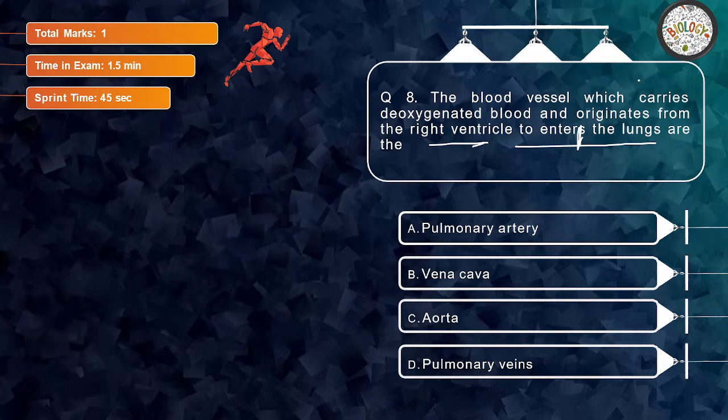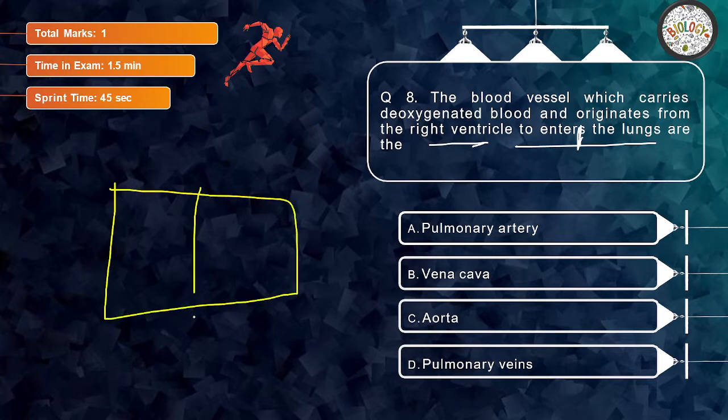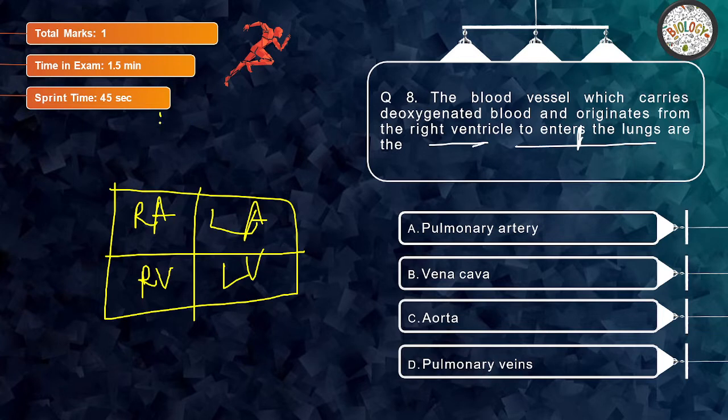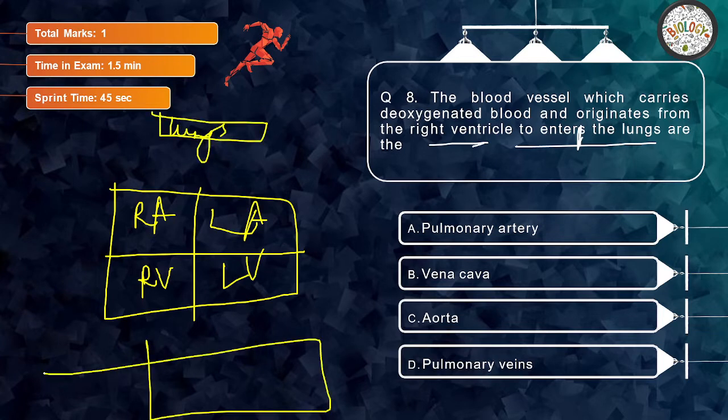I'll make the diagram. Suppose these are the 4 chambers of heart: right atrium, right ventricle, left atrium, left ventricle. This box is for lungs. Okay, this box is for body parts, and they are connected in this way.